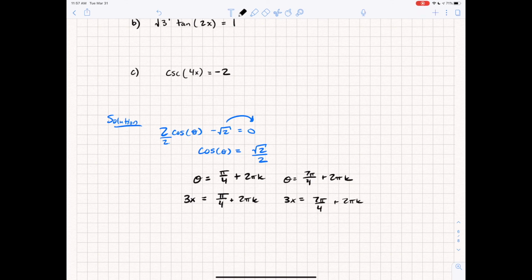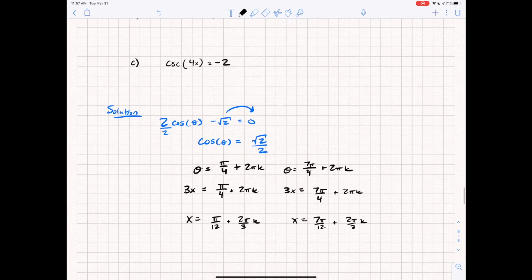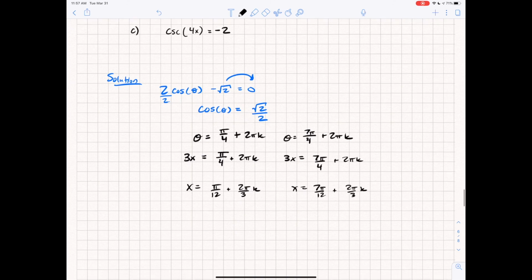And then I'm going to go through and now solve for x by dividing by 3. So I get pi over 12 plus 2 pi over 3k, and I get 7 pi over 12 plus 2 pi over 3k. Now the 2 pi over 3 we saw in the last problem because it's the same frequency.